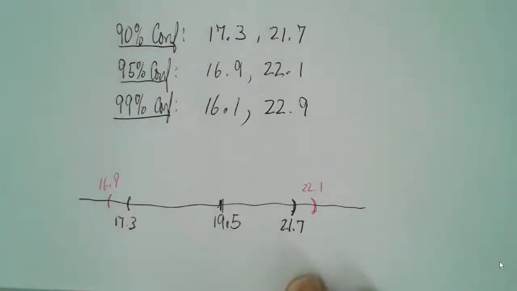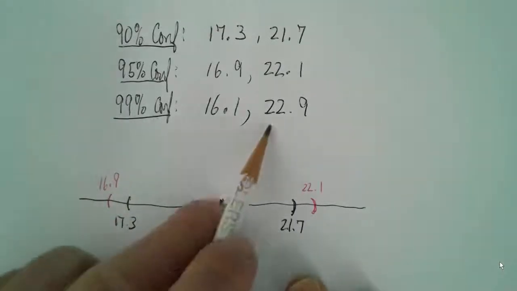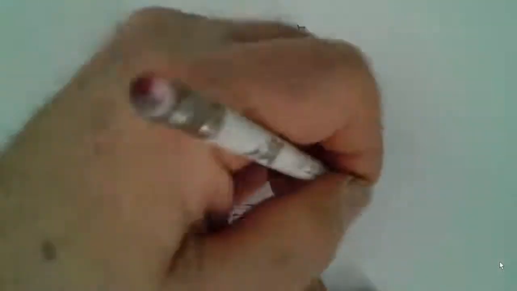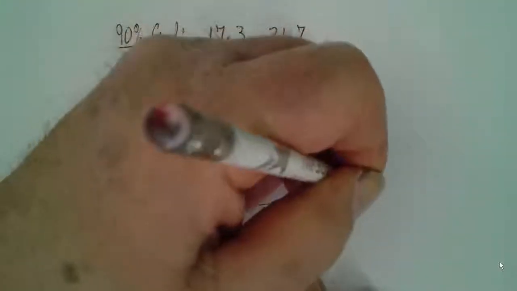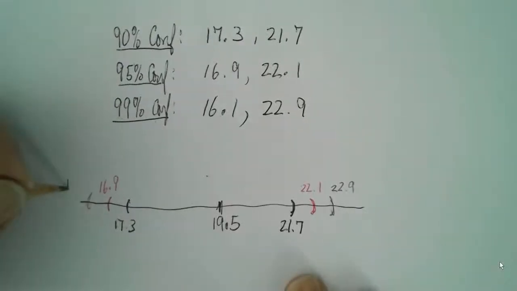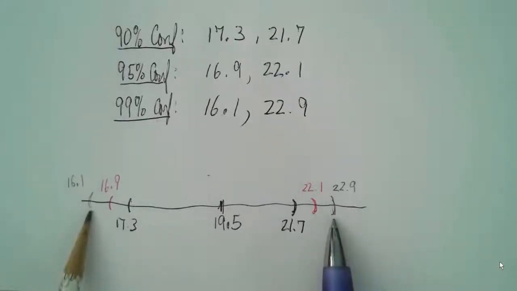And then finally, if we wanted to push this even further in terms of confidence and be 99% confident, then we'd go even further out here, 22.9, and down here back even further to 16.1. Now, notice what's happening. We're saying we're 99% confident that we're going to be in this widest range here.